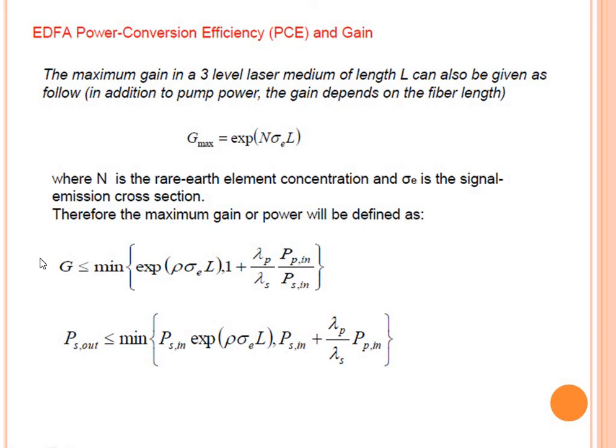Therefore the maximum gain is given by the lowest of the two gain expressions. We have written two relations, so the maximum gain can be considered as the minimum of the two expressions. Similarly, the maximum possible EDFA output power is given by the minimum of two expressions.